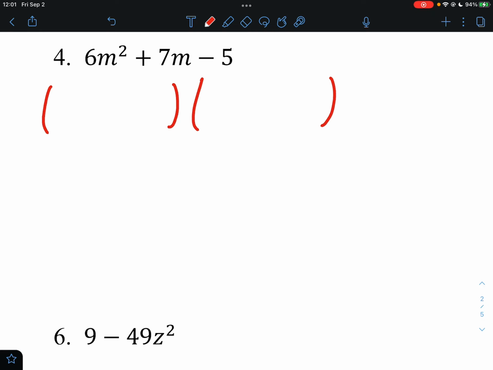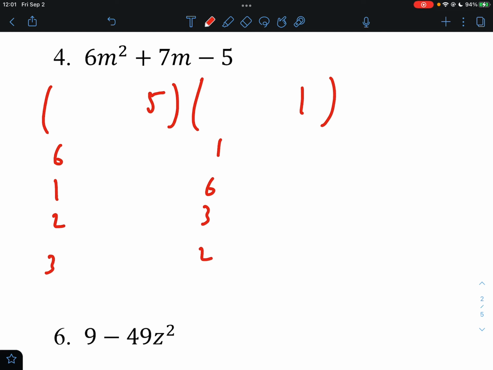So I know that the only way to get 5 is 5 and 1. I know one of them is going to be negative, one's going to be positive, but I'm not sure which one yet. The only way to get 6 is, there's 2 ways, 6 and 1 or 2 and 3. So I got 4 combinations. I could do 6 and 1, 1 and 6, 2 and 3, or 3 and 2, right?